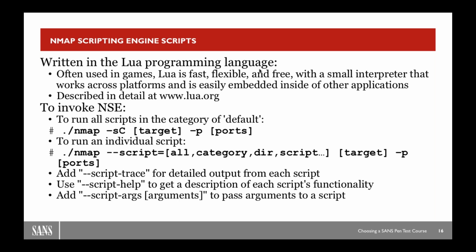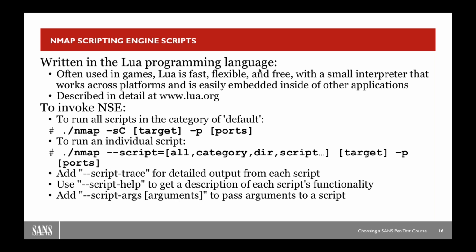Another shorthand and even shorter hand version is running Nmap with the -A option. Now, -A is shorthand, and it's the equivalent of running -sC to run the default set of scripts. It's also equivalent to running -sV, which allows me to do service version detection to find out what services are running behind open ports.